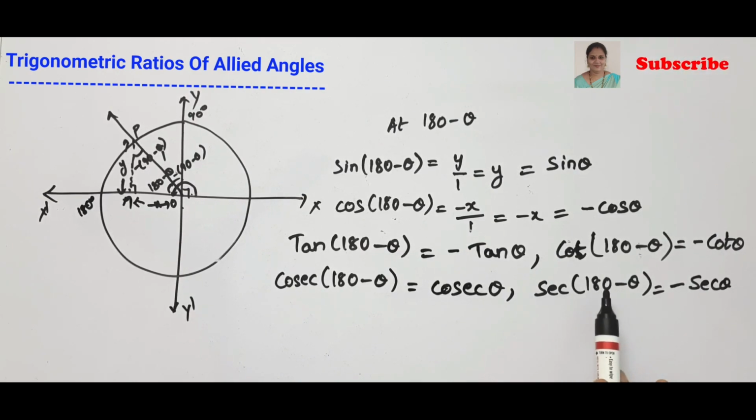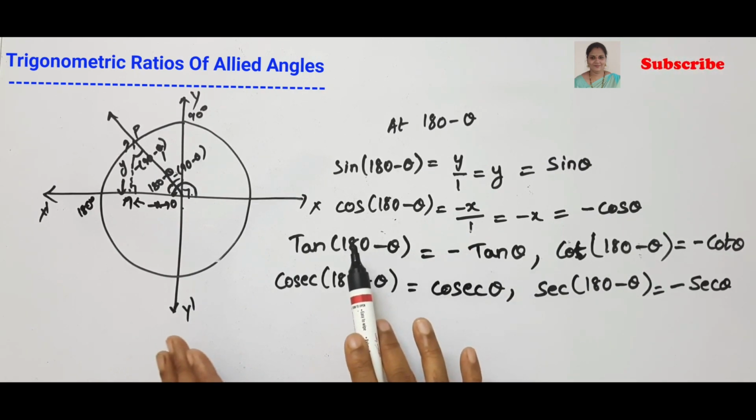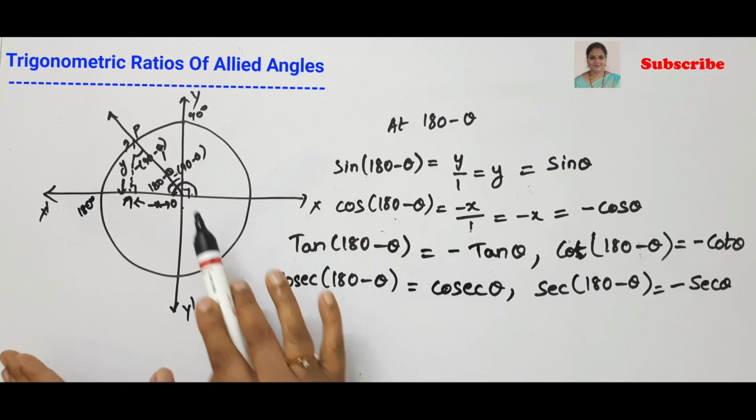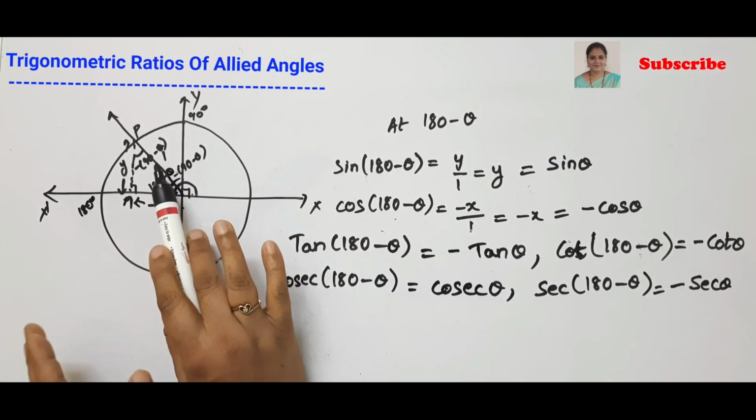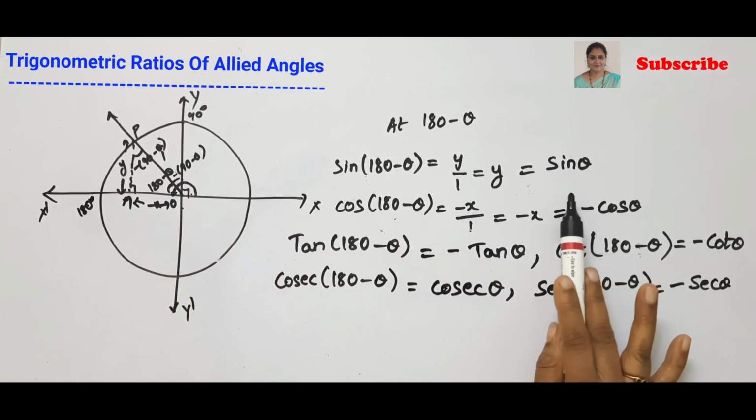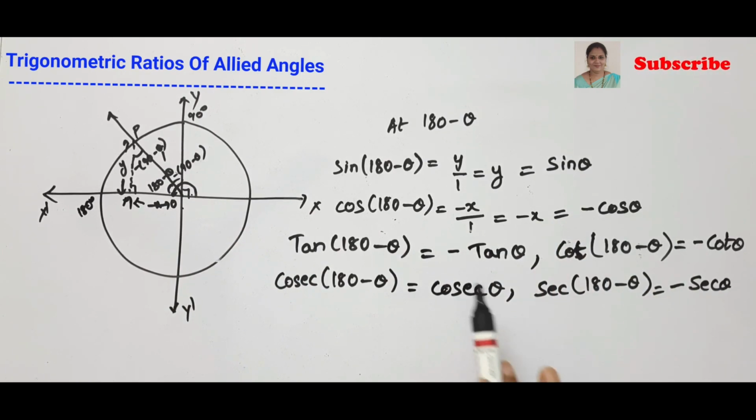There is no change in the trigonometric ratios. Only there is a change in the sign depending on the angle in which quadrant it is. It is in second quadrant, so the sine and cosecant should be positive. So we got sine as positive and the cosecant as positive. Remaining trigonometric ratios are negative. Okay. Now let us study the trigonometric ratios at angle 180 plus theta.